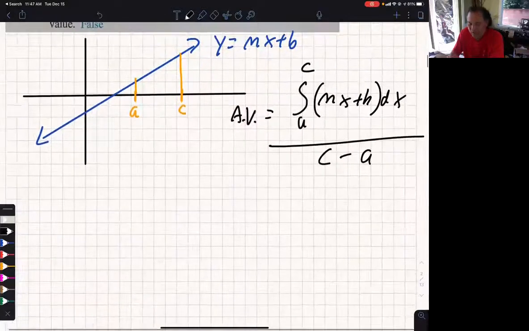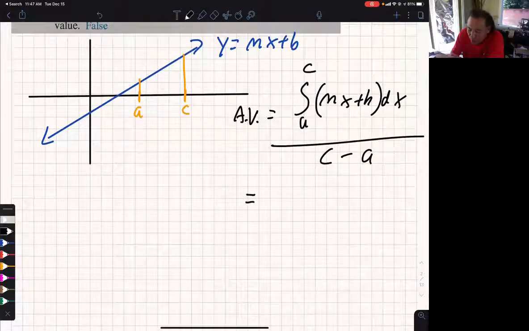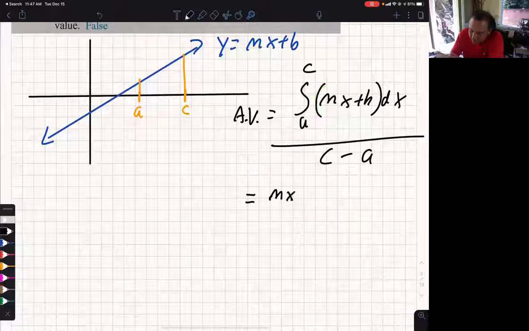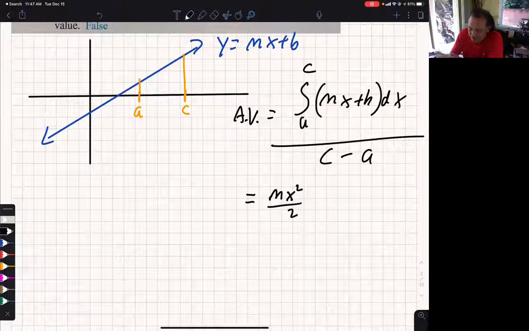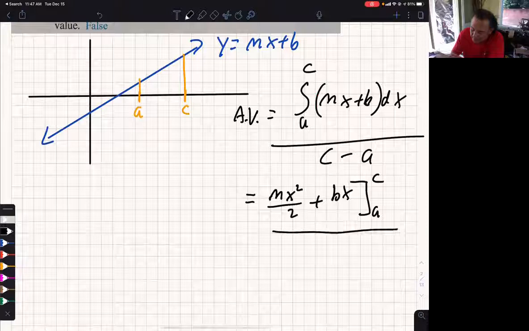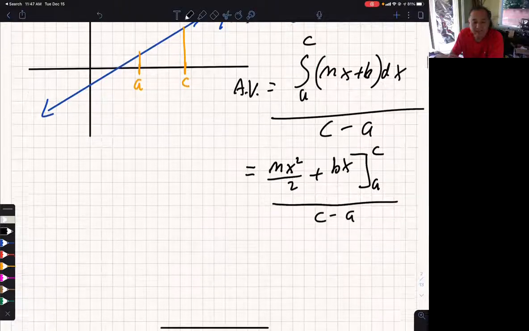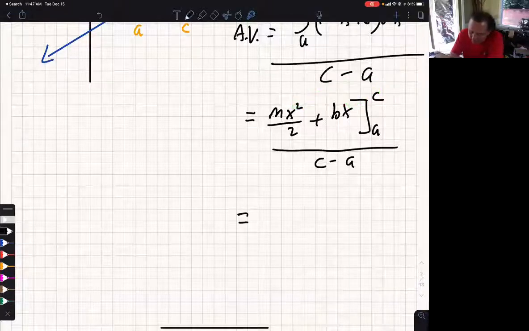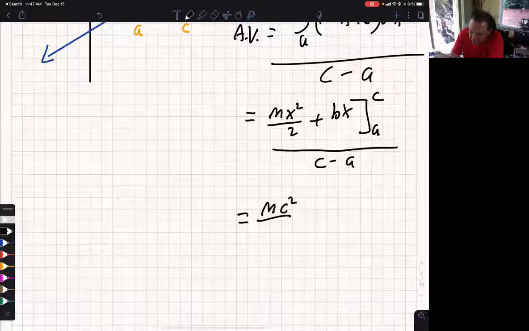Hang in here. Okay. So the antiderivative of that, I add 1 to the power of x, and then I divide by that same power. And that's a b, by the way. The antiderivative of b is bx, and that's from A to C, and that's all over C minus A. Let's keep going. The rule says I plug in C first, so I will do that. mc squared over 2 plus bc.